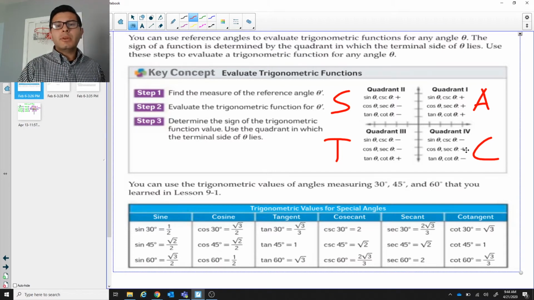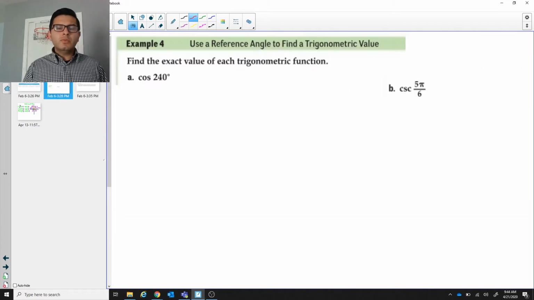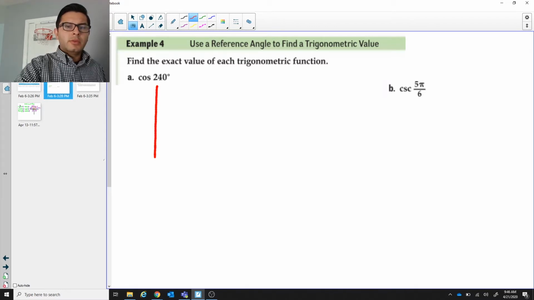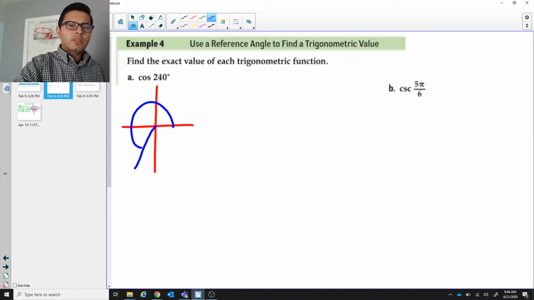All right, so let's hit up an example of this. We want the exact value of our trigonometric function. Here we have cosine of 240. First thing that we 100% know is that the angle looks something along the lines of this. If it's hard to graph for you, please look at our video on how to graph angles.